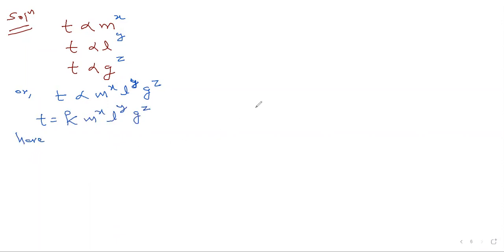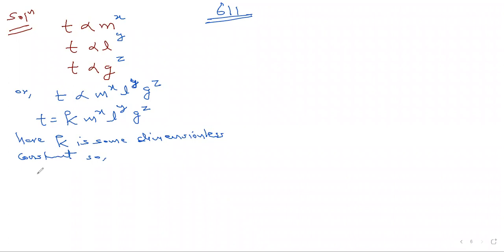Here k is some dimensionless constant. So, putting dimensions on both sides.